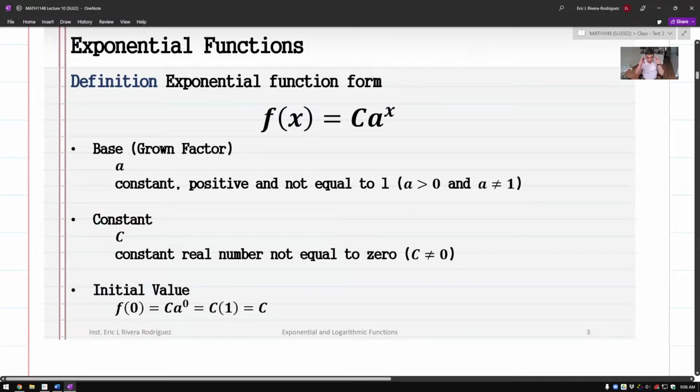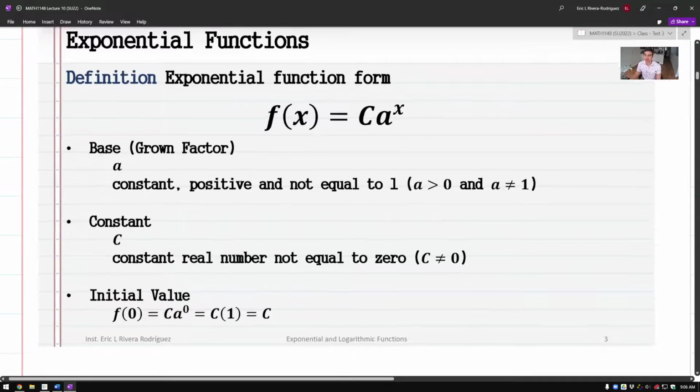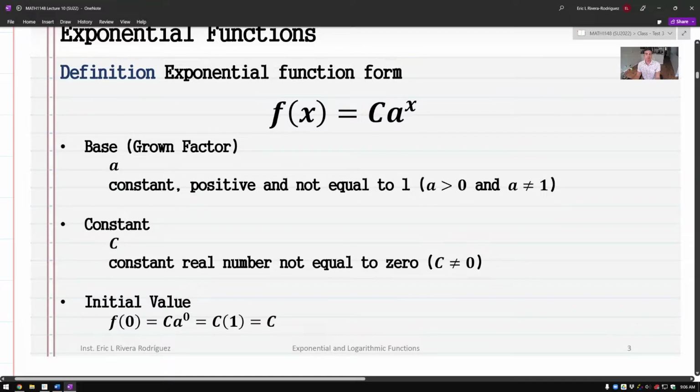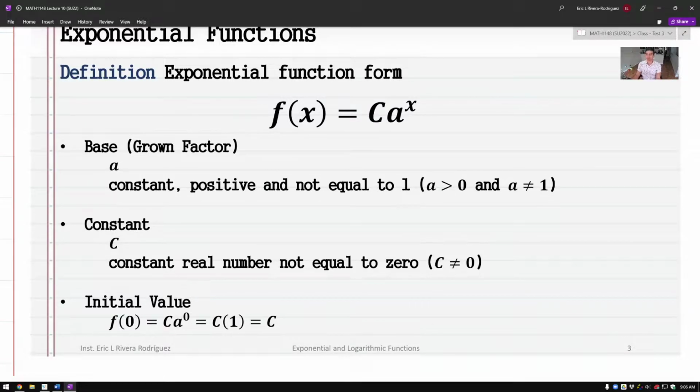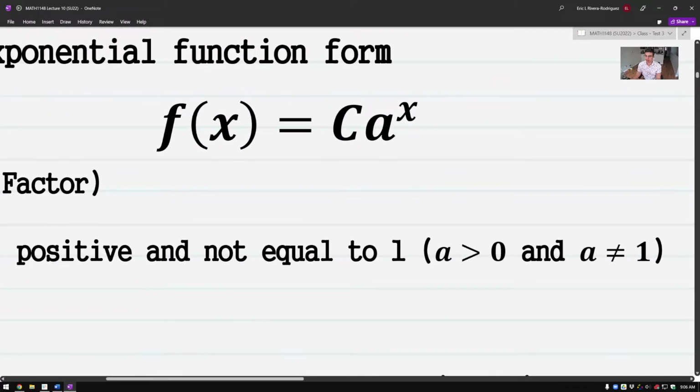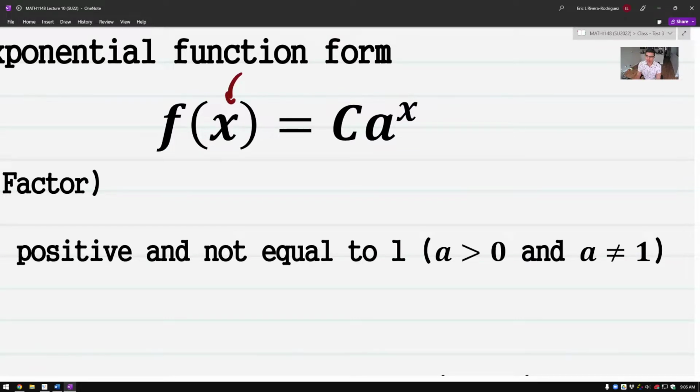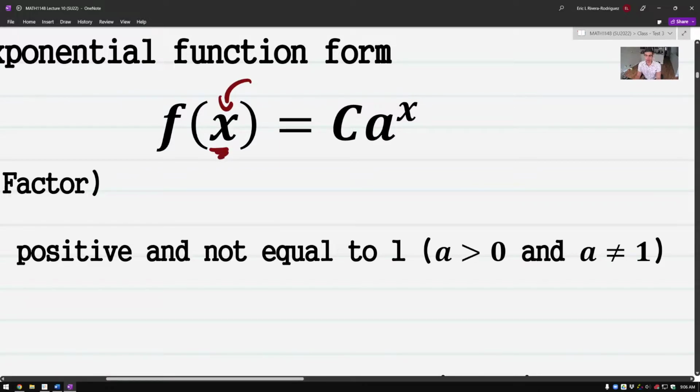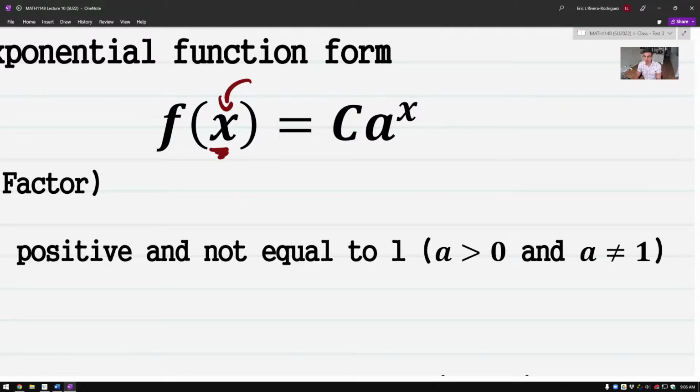All right, so what we want to do is to start with the definition of what an exponential function is. The main thing here is that here is our function. We need to remember that x is going to be the input, so here is the argument of the function. What's going to be important is that in the function definition, in the equation, the input is in the exponent part of the function.